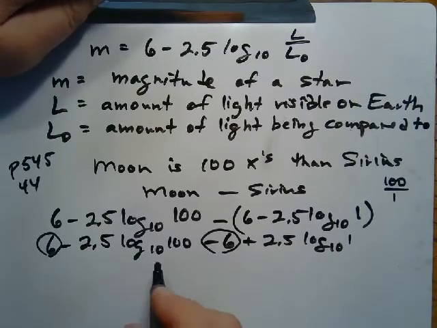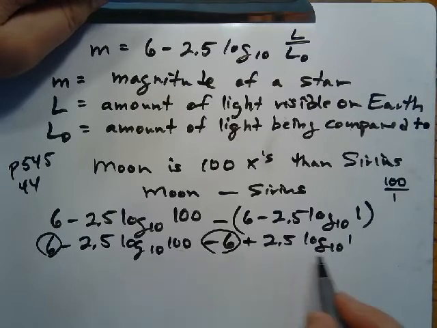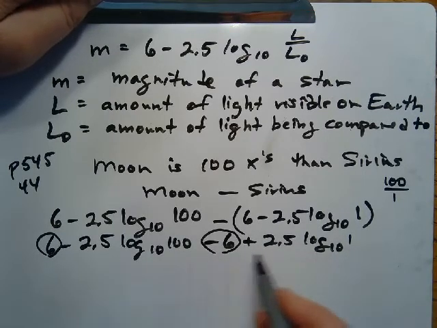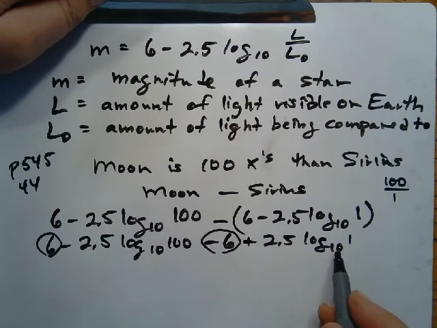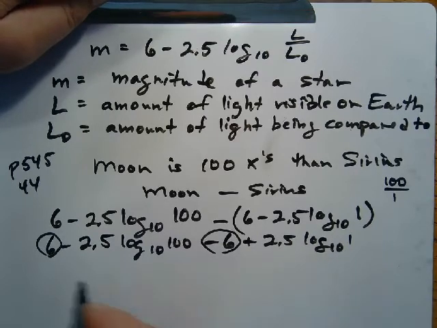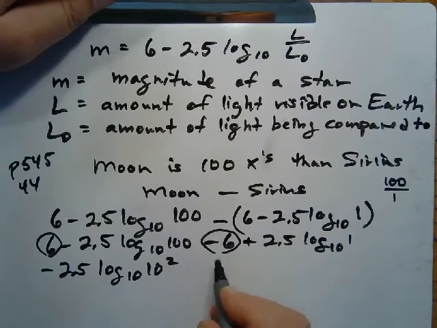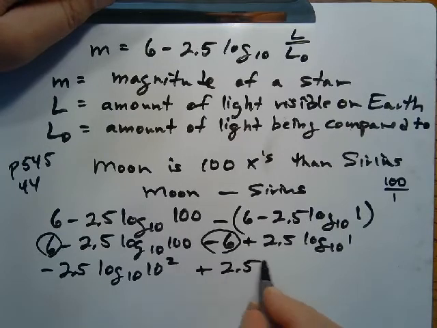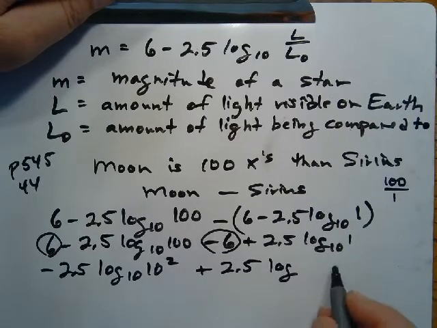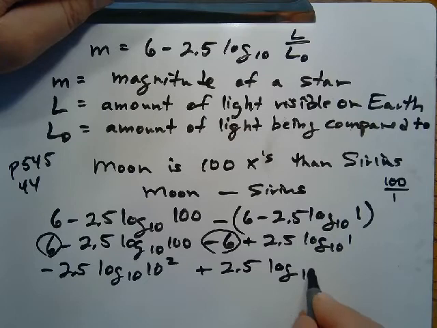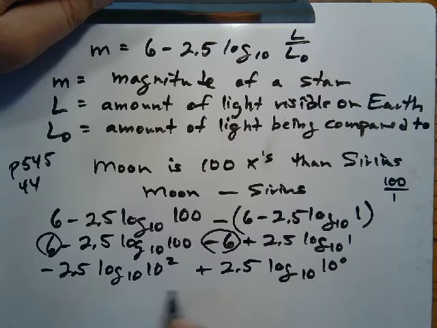And we end up with, now turning both of these into a base of 10, minus 2.5 log base 10 of 10 squared, that's 100, plus 2.5 log base 10 of 10 to the 0.